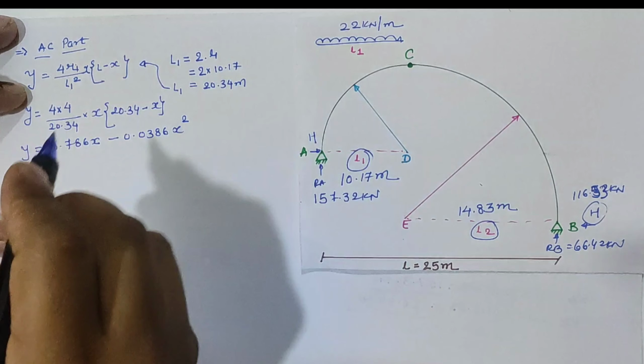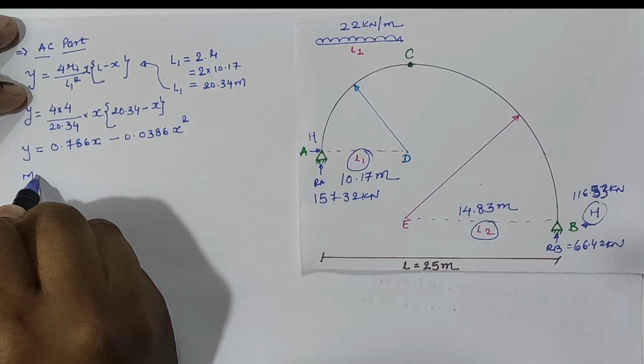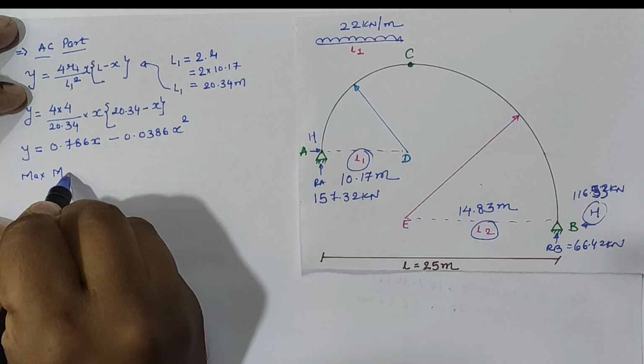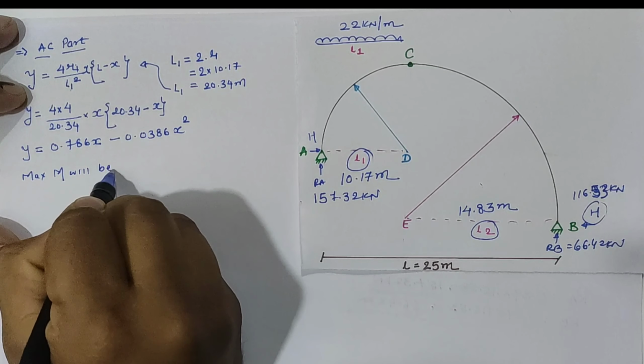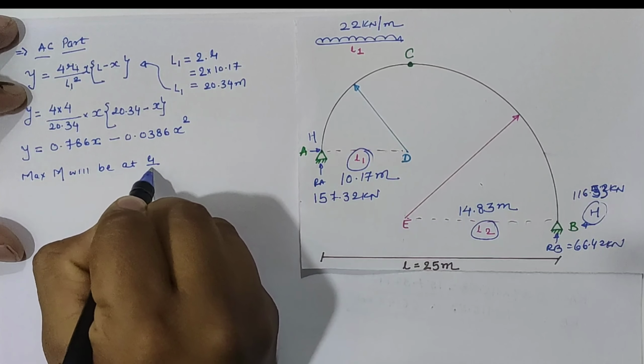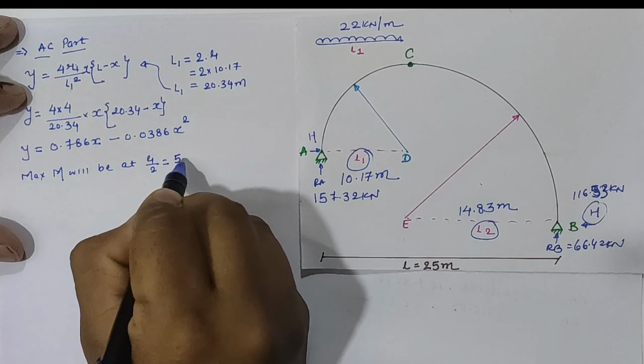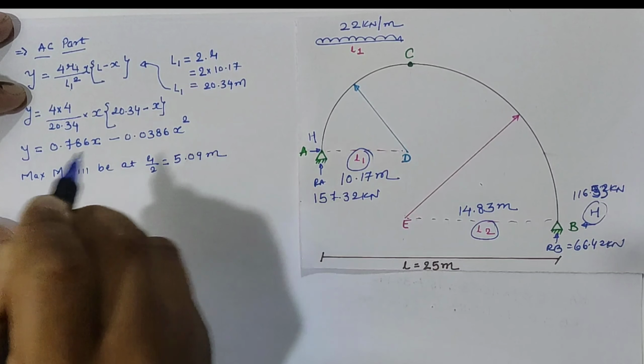Now the UDL covers the whole part, hence the maximum moment is at half of the span. Hence our maximum moment will be at small l1 by 2 as 5.09 meter.